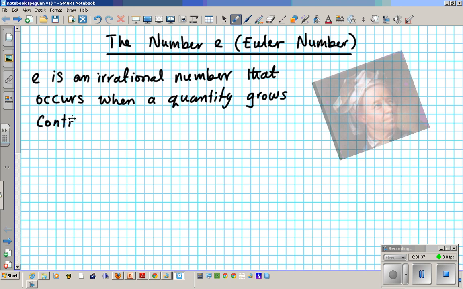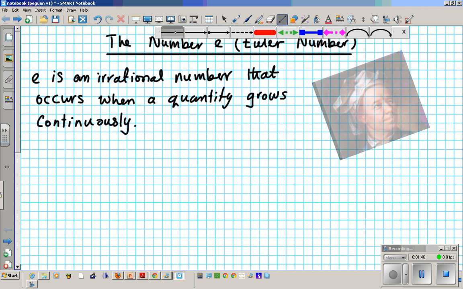Okay, remember the growth here has to be continuous. When a quantity grows continuously. All right. When we're doing problems involving continuous growth, we're going to have to make use of this symbology.